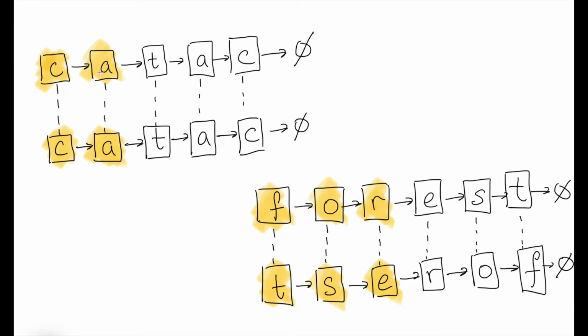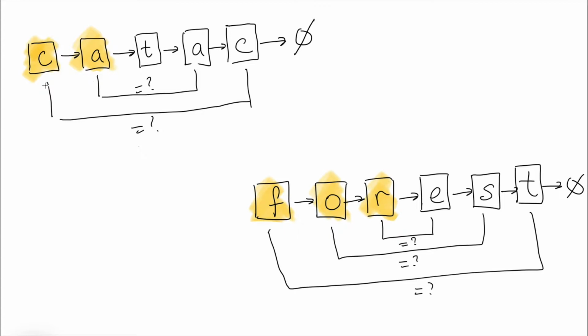However, in case of kayak, we don't really need to compare the entire word. We just need to compare the first two elements, and then we'll know if it's a palindrome. And similarly for forest, just comparing the first three elements would tell us whether or not the word is a palindrome. That is because to know if something is a palindrome, we just need to compare the first letter with the last one, then the next one with the next to the last one.